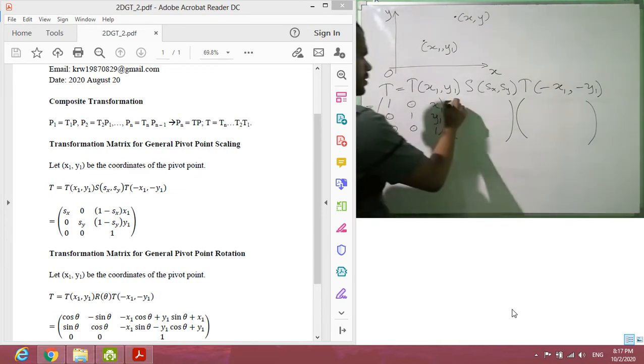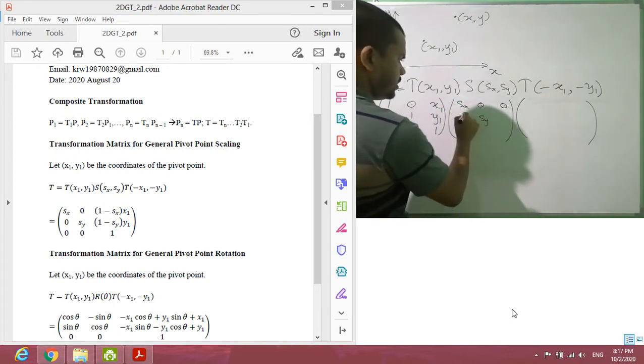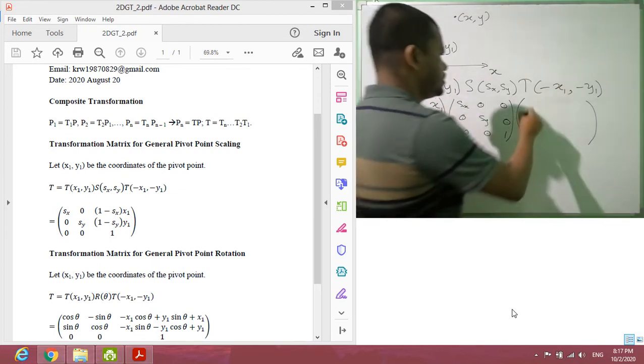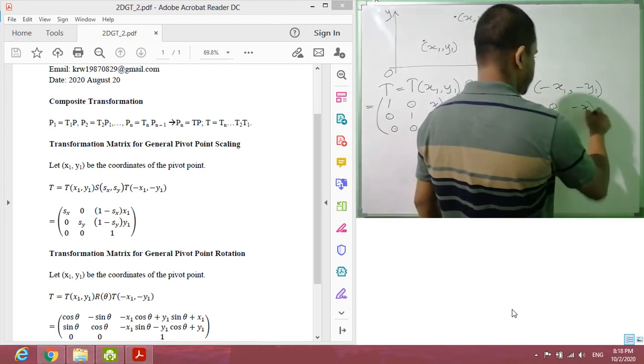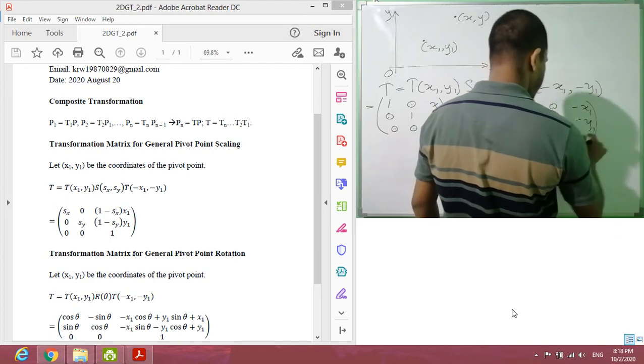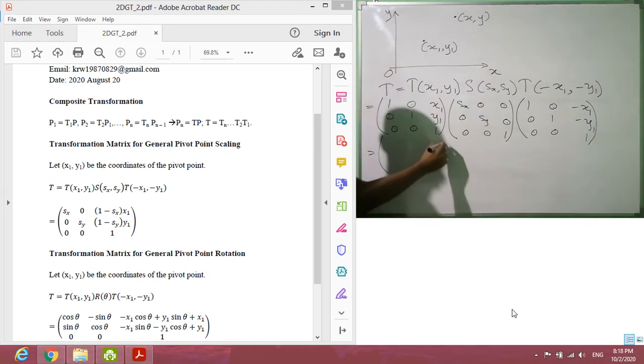Here sx 0 0, 0 sy 0, 0 0 1. Now here 1 0 minus x1, 0 1 minus y1, 0 0 1. Okay, now 1 0 x1, 0 1 y1, 0 0 1.